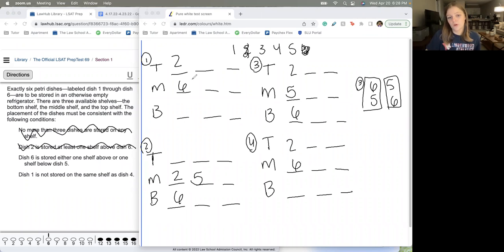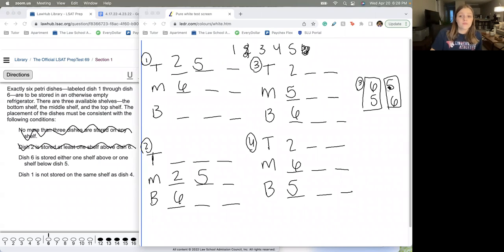And I'm going to place one where 5 is in the top, one where 5 is in the bottom. Notice that I'm not really caring where I put them within the shelves itself. I care about where it is vertically. So I could, for instance, in the second world, put 5 over here. Really doesn't matter. I don't care about where they go within the shelves, only about the groups themselves.